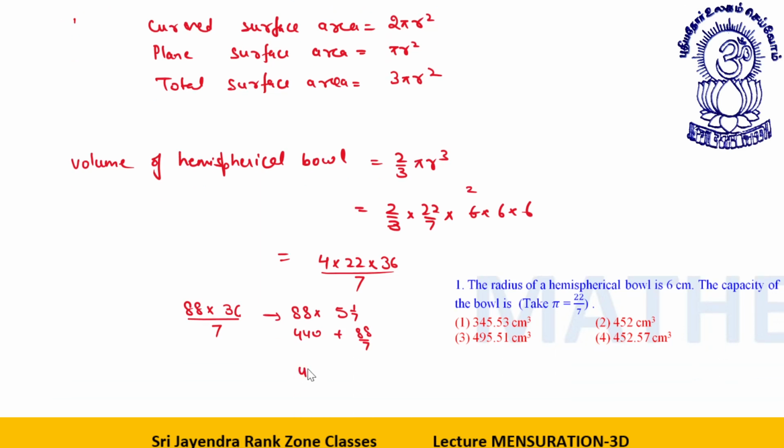I can say 440 plus 12.57, or 452.57 centimeter cube. Okay, now let's take the next one.